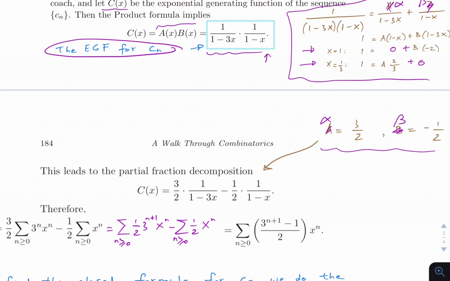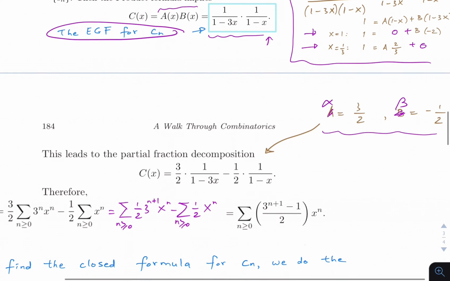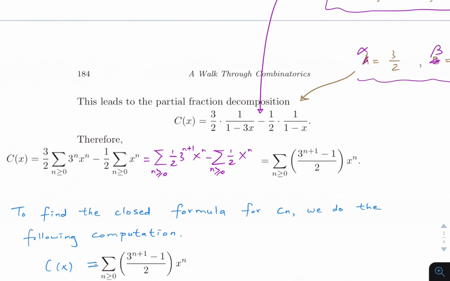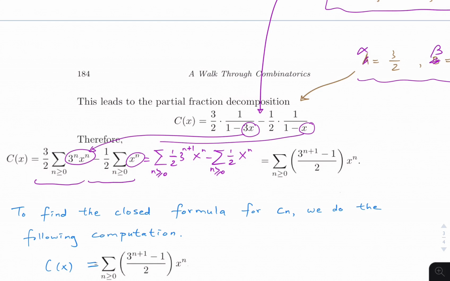Okay, so then that tells me that I can rewrite capital C as the sum of two things that look like geometric series. So then this is C. I get this because of the 3x, and I get x to the n because this is just 1x.